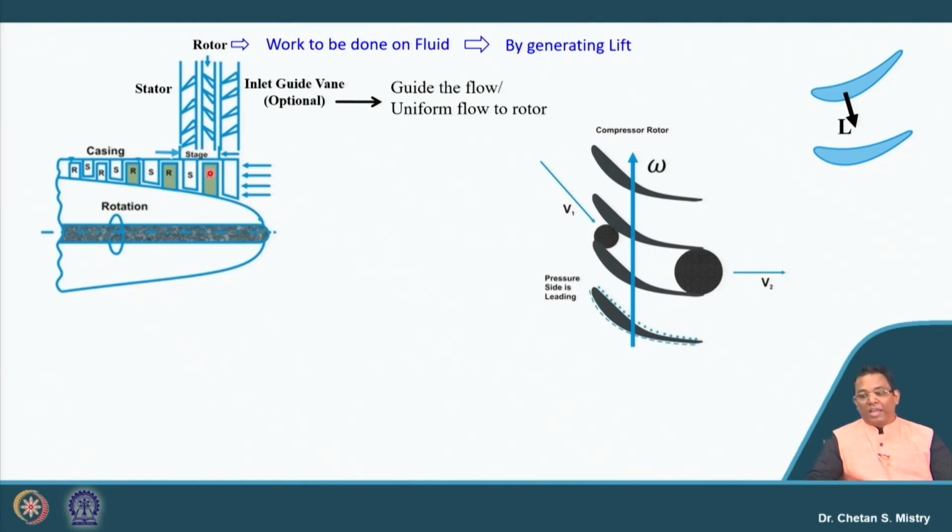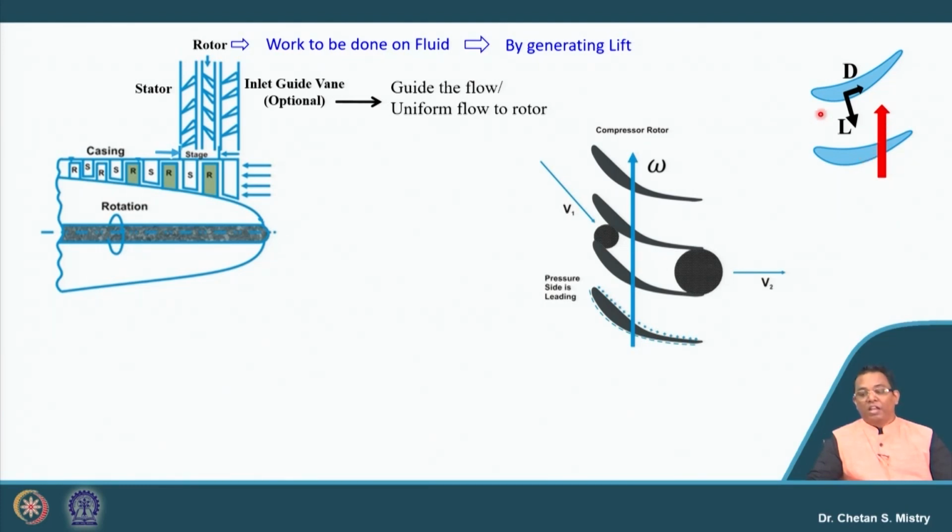In order to utilize that lift force, when the fluid enters through this passage, we use this lift force for compressing our gas, or say air. In order to do that, we need to rotate our wheel, and this rotation is from the suction surface towards the pressure surface. So, this will be the direction of my rotation.